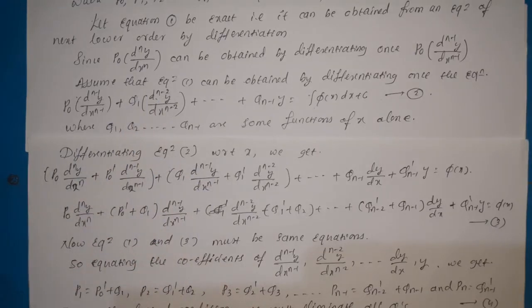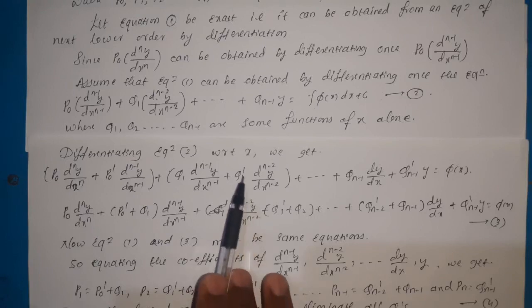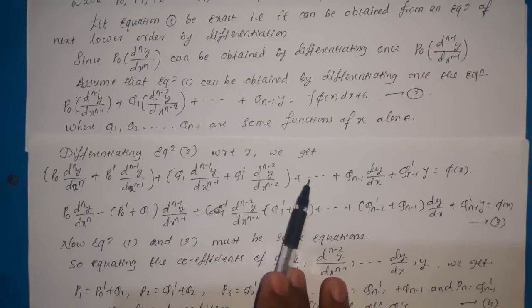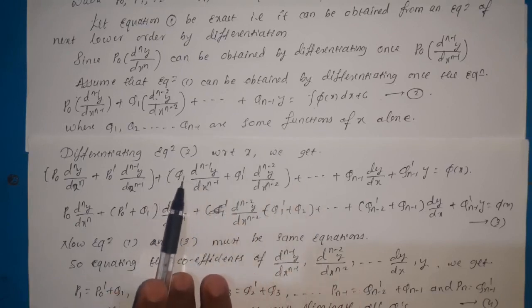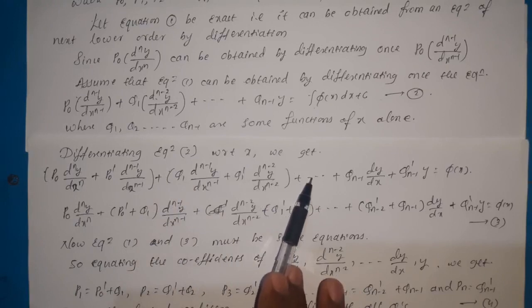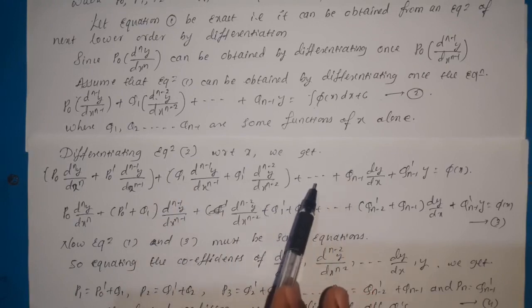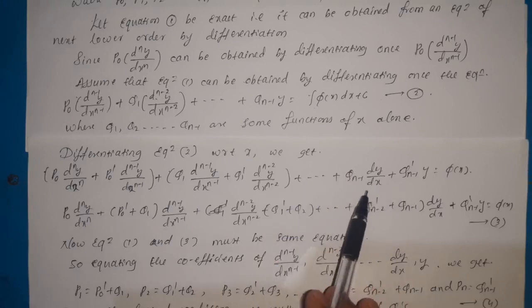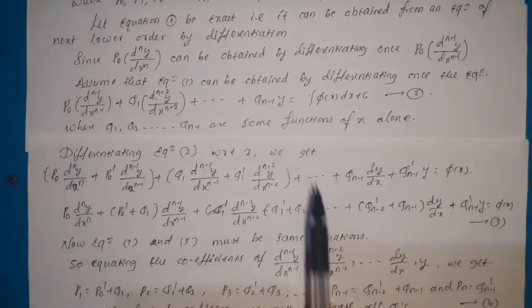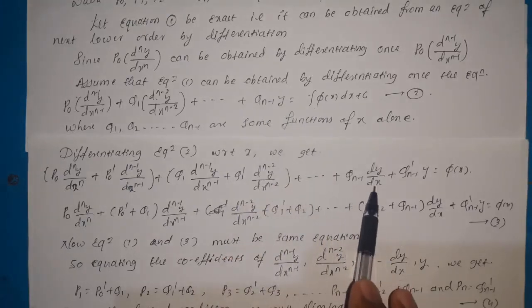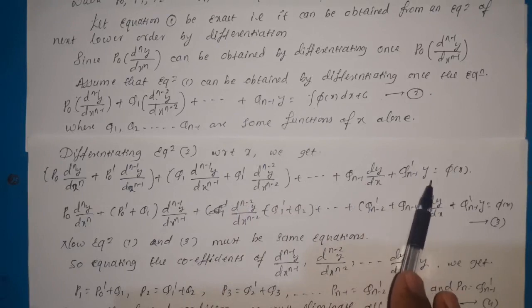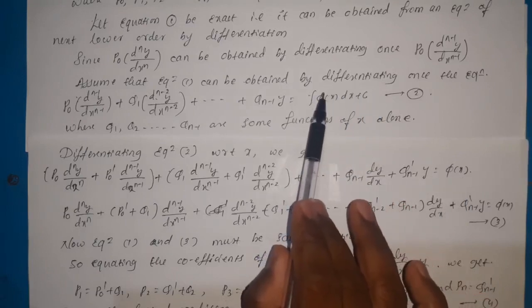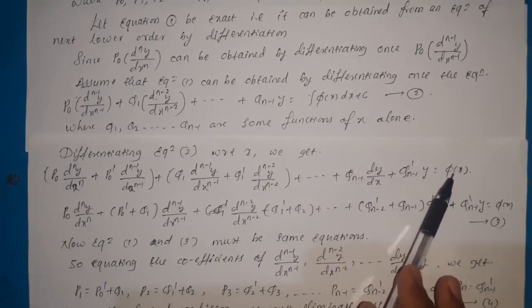One power will increase, then q1 dash into the term as it is, plus the next term will be q2 d power n minus 2 y by dx power n minus 2, and so on. Here the last thing is q n minus 1 into y, which becomes q n minus 1 dy by dx plus q n minus 1 dash into y, and the RHS becomes phi of x, because here it is the integration of this one and its derivative is simply phi of x.